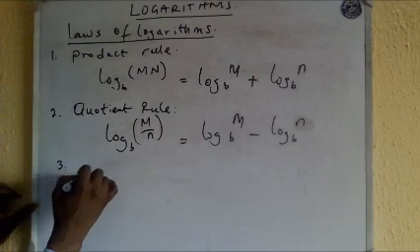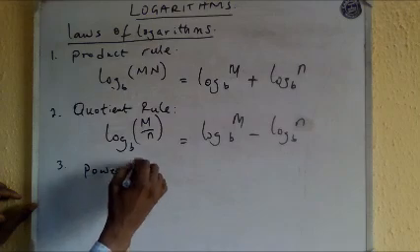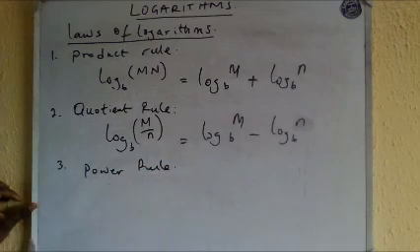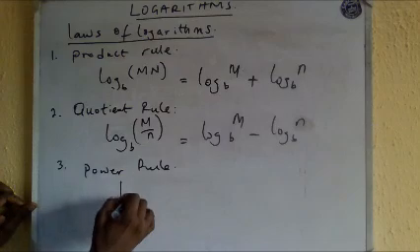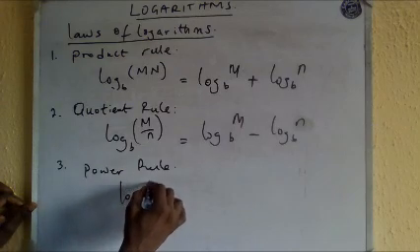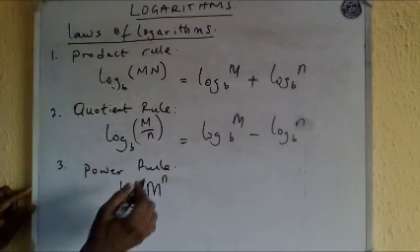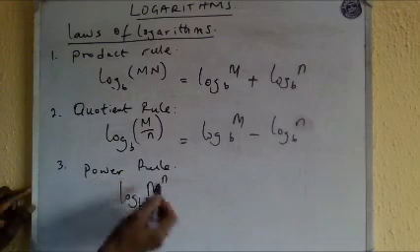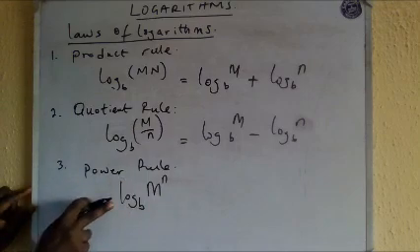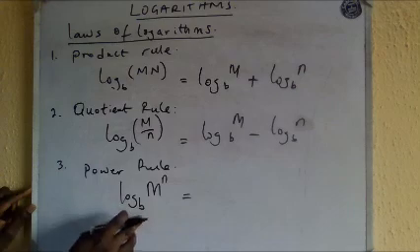The third rule is the power rule. The power rule says that if you have log of m raised to the power n to base b, then this n will come down and start before log m to base b, like this.